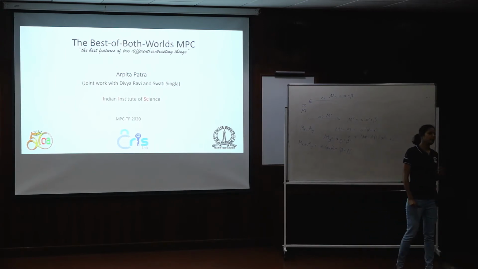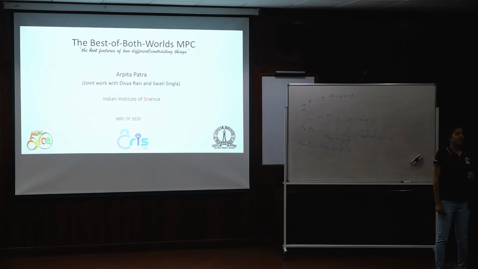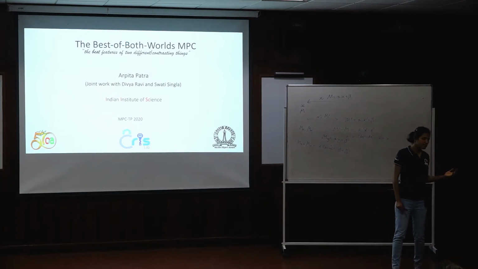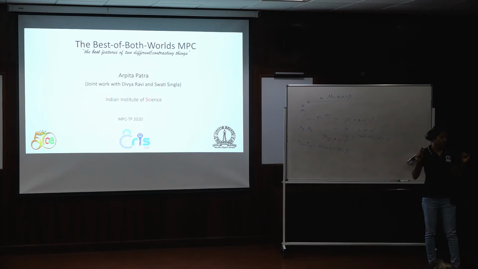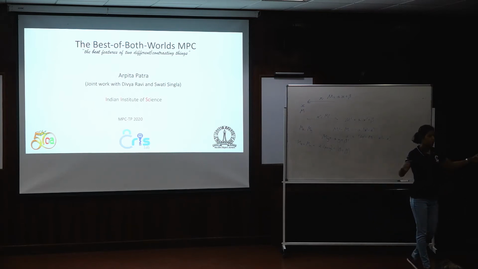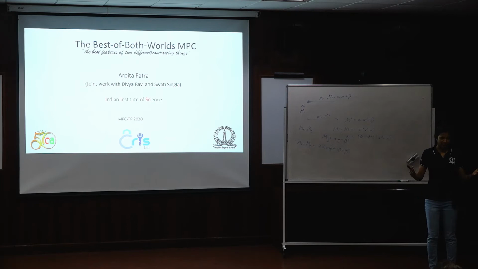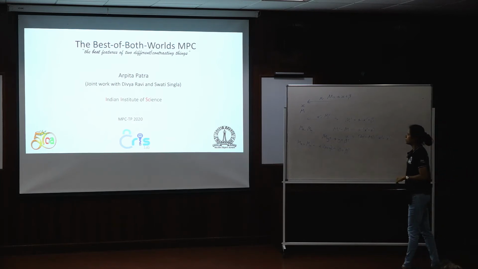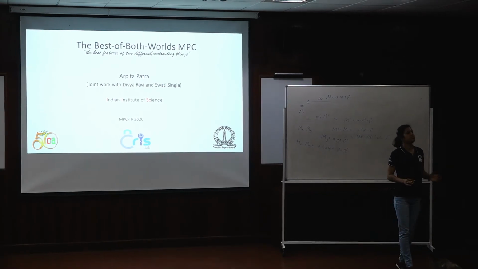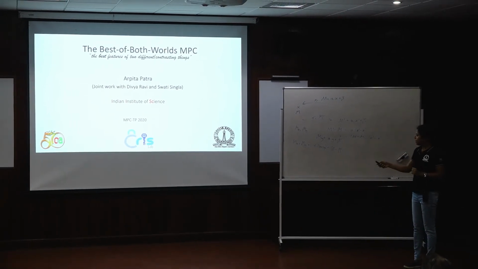In the context of MPC protocols, I mean 2 distinct classes of protocols offering complementary features, and then I'll be talking about the third class of protocols, the best of both worlds, which will combine the best features from both worlds. I'm going to tell you what the 2 classes are in the course of the talk.